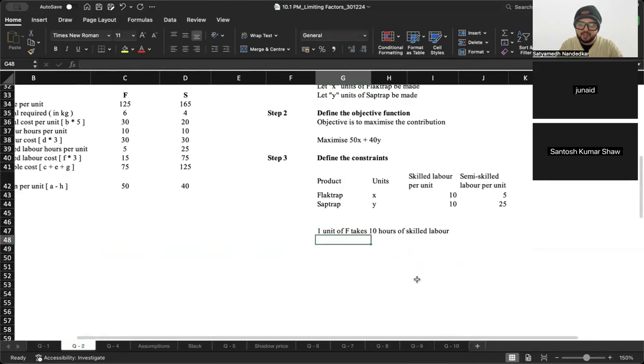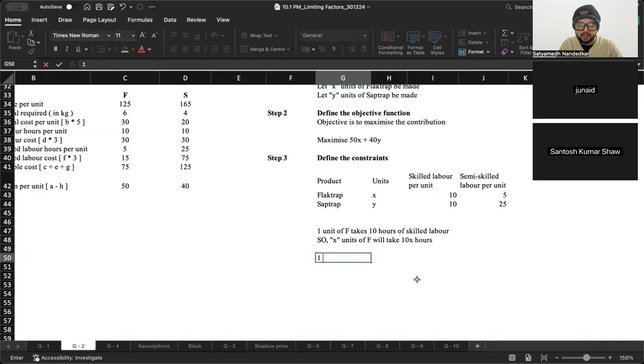1 unit of F takes 10 hours of skilled labor. So x units of F will take 10x hours, and 1 unit of S takes 10 hours of skilled labor.